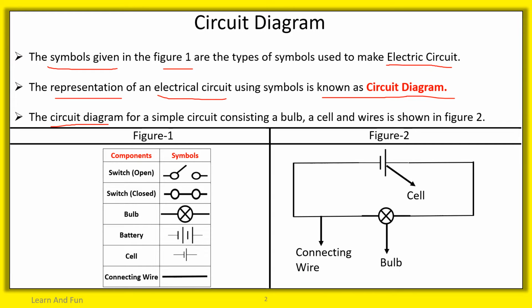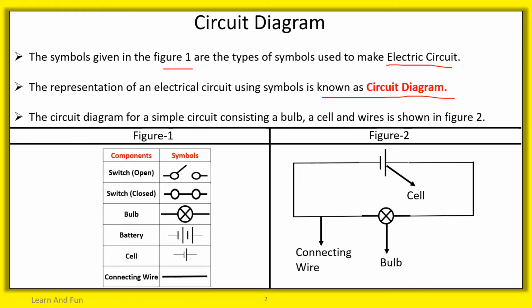Like in part 2, we learned about the switch. When the switch is in the open position, that means the switch is off, and the circuit will be known as an open circuit because the switch is open. The symbol is given on the right. Switch closed is when the switch is on and the electricity will flow. The symbol is given on the right side.